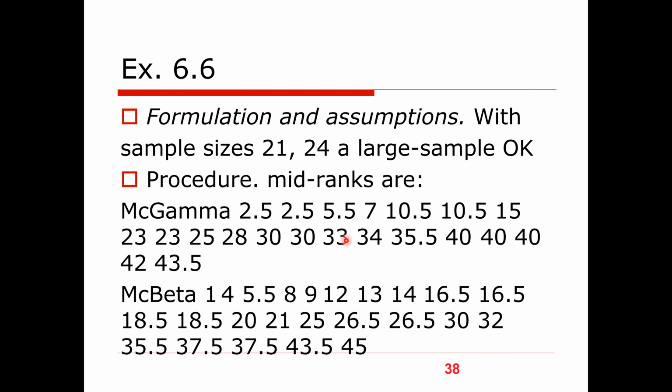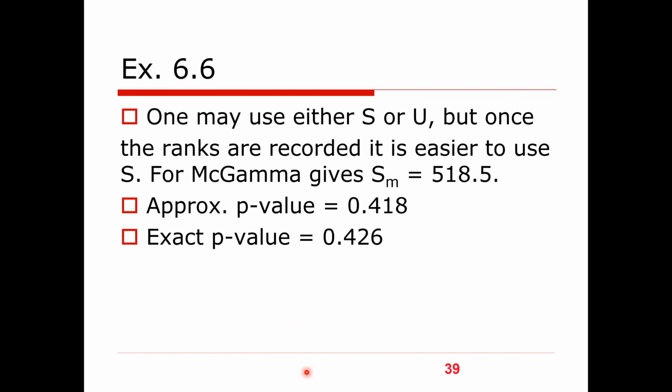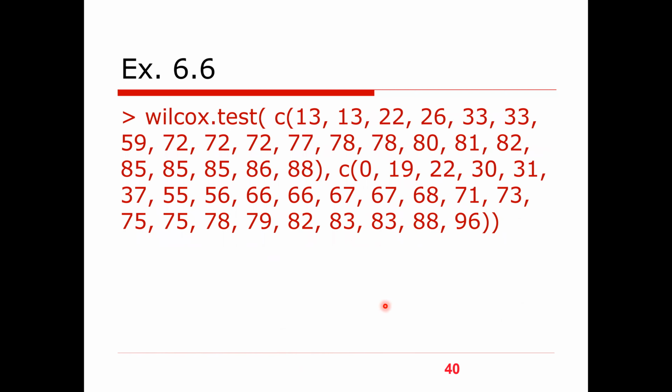Then we can use the mid-rank rule to get the joint ranks for the observations in the 2 samples. And we can get the p-value. This p-value is big, so we fail to reject the null. So the average ages for the two clans are similar.